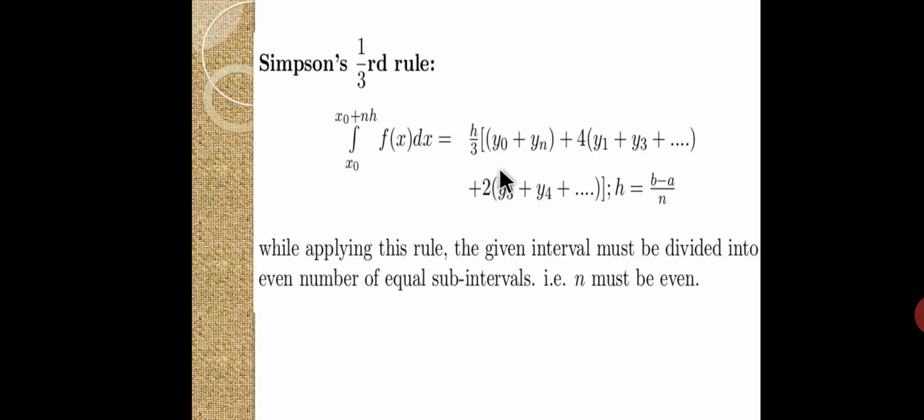So it is h/3 into the sum of first and last ordinates plus 4 into the sum of odd ordinates plus 2 into the sum of even ordinates.